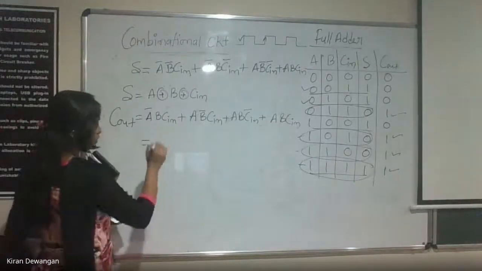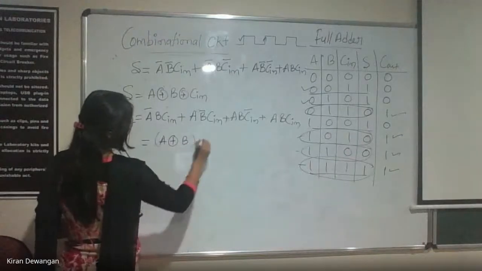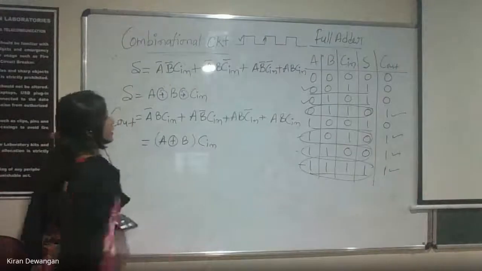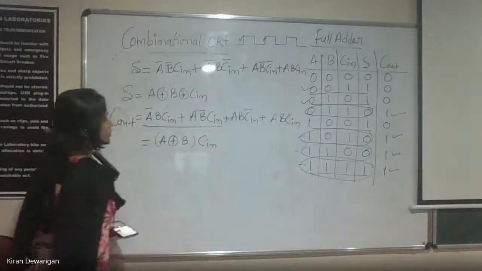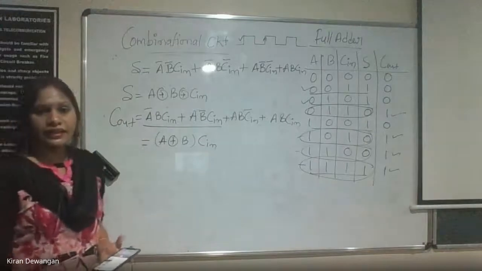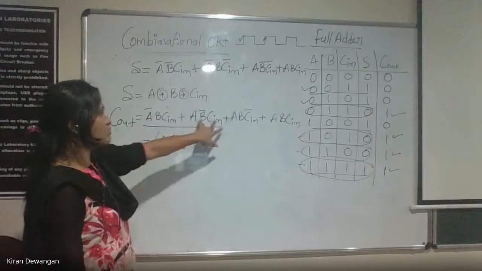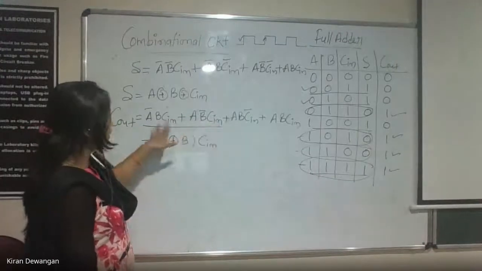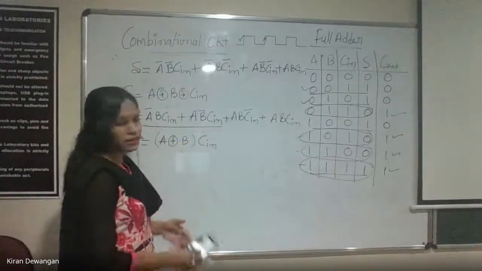If we reduce it, this becomes A XOR B C in. Now A XOR B कैसा होगा? From here we can write it as A bar B and A B bar. यहाँ से हम C in निकाल लेंगे, ठीक है? तो ये आपका A XOR B हो जाएगा. And this one is, sorry, एक मिनट.